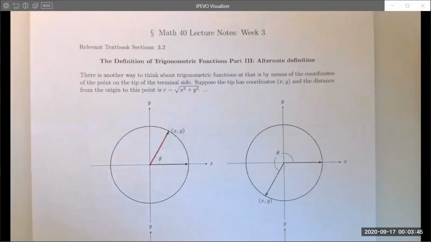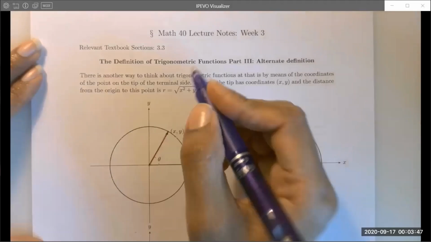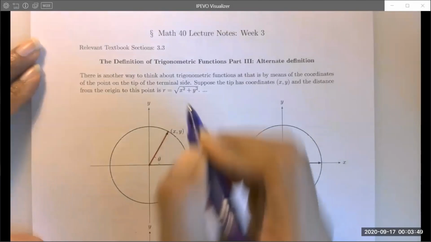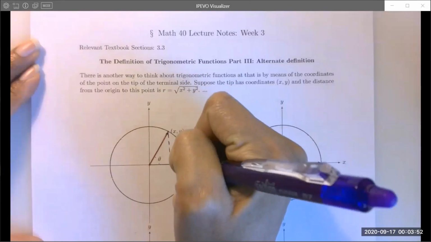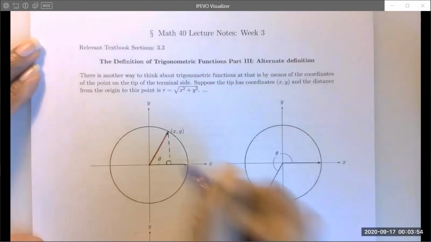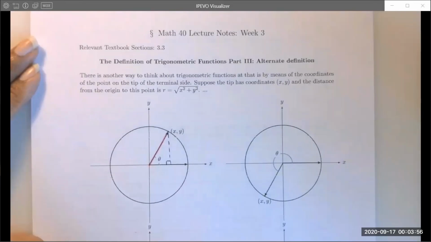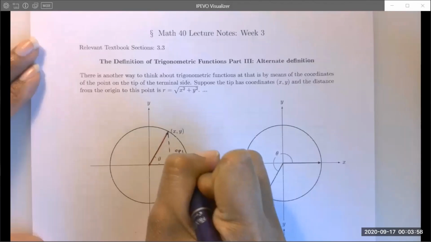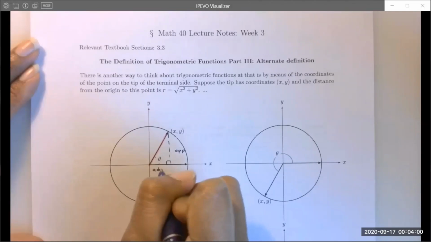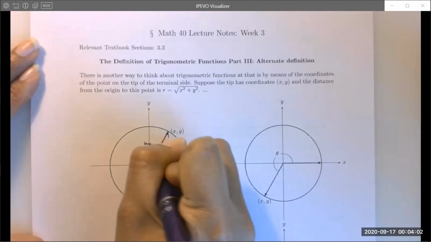Okay, great. Based on that point, let's go ahead and draw the right triangle that we normally draw with the angle theta. This would be the opposite side, this would be the adjacent side, and this is the hypotenuse.